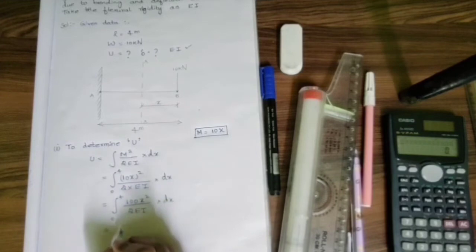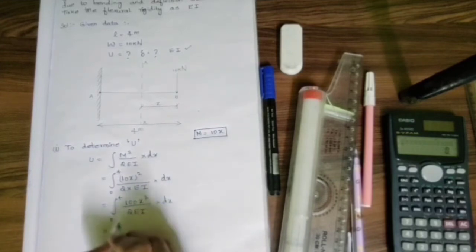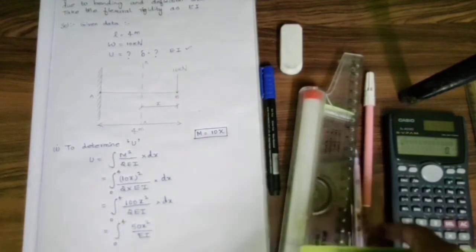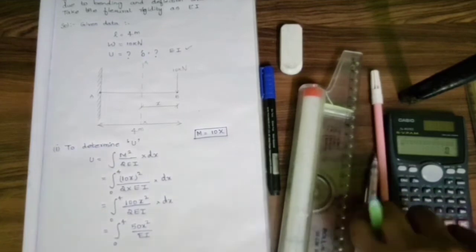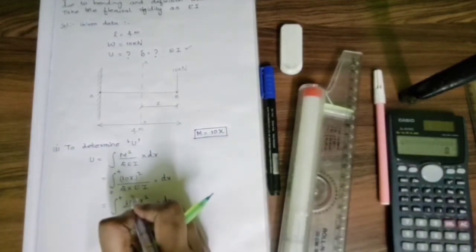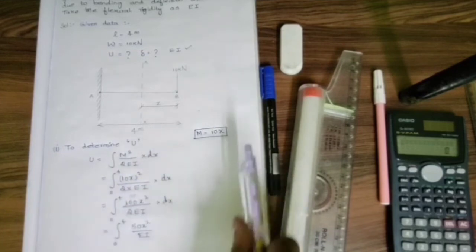Now we know that 100 is divisible by 2. So integral 0 to 4, 50x square divided by EI. Let me show that in pencil in the above step, that is 2 cancelling 100, so it is 50.